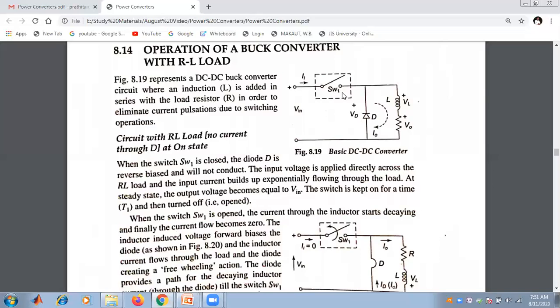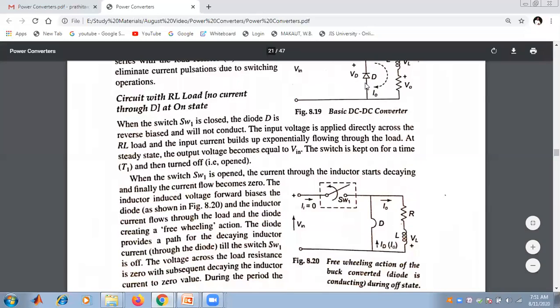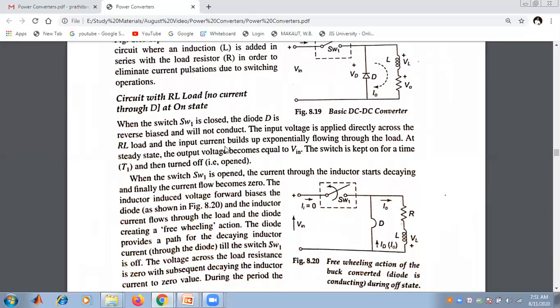So current will flow in that path when the switch is on. It is clear that when the switch S1 is closed, the diode D is in reverse bias and will not conduct; it will act as an open circuit. The input voltage is applied directly across the RL load, and the input current builds up exponentially, flowing through the load.